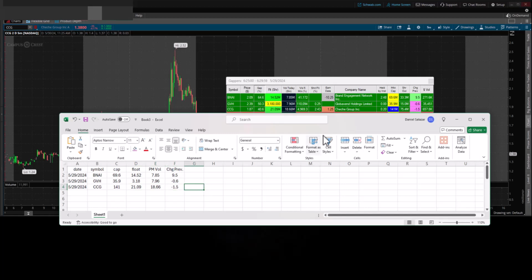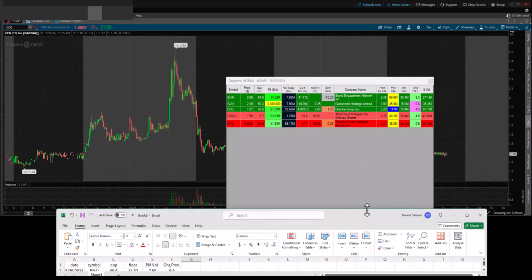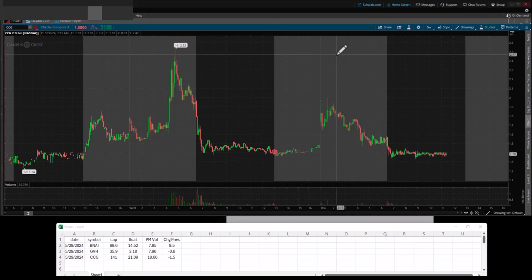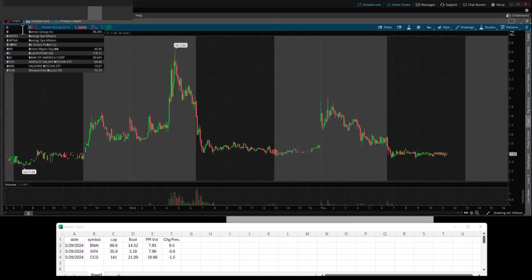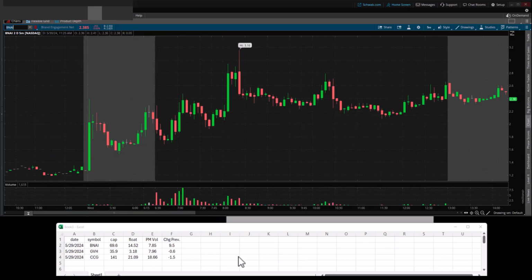Okay. So now we're going to start. Let's go from the beginning. BNAI for yesterday. That's going to be this one right here. What I like to keep track of, very important, is the previous close. So I put previous close.